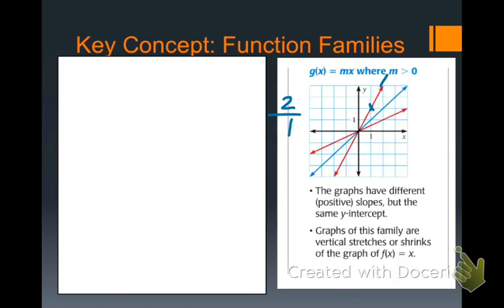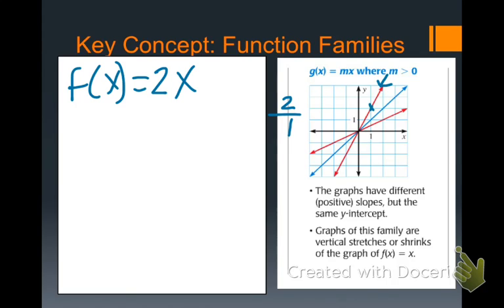So this line right here has an equation, let's say f of x equals positive 2x. And again, no plus b or plus 0 because it's going through the origin, and the plus 0 is implied. And then we can find the other one.